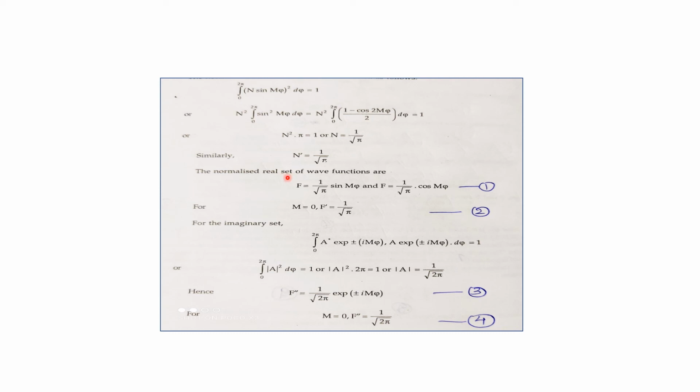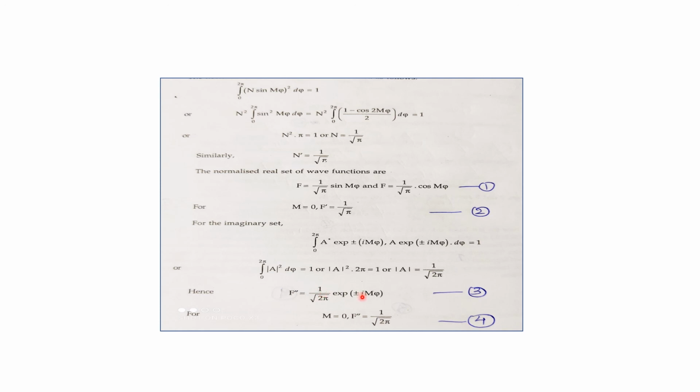The normalized real set of wave functions are f is equal to 1 by square root of pi sin m phi, and f dash is equal to 1 by square root of pi into cos m phi. For m equal to 0, the value of f dash is equal to 1 by square root of pi. For the imaginary set, integral 0 to 2 pi A star exponential plus or minus i m phi into A exponential plus or minus i m phi into d phi equal to 1, or integral 0 to 2 pi A square d phi equal to 1.